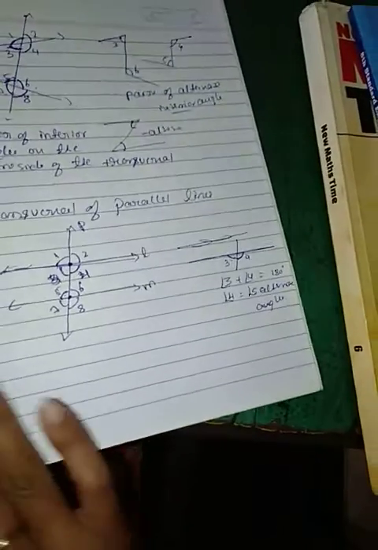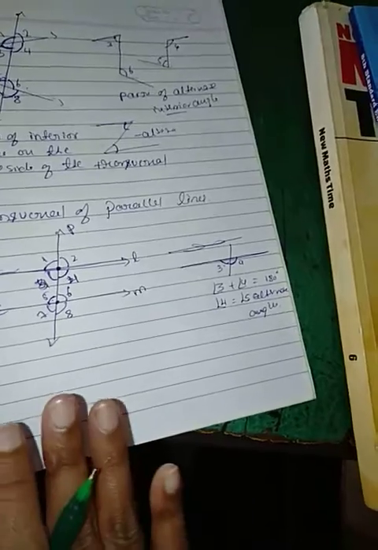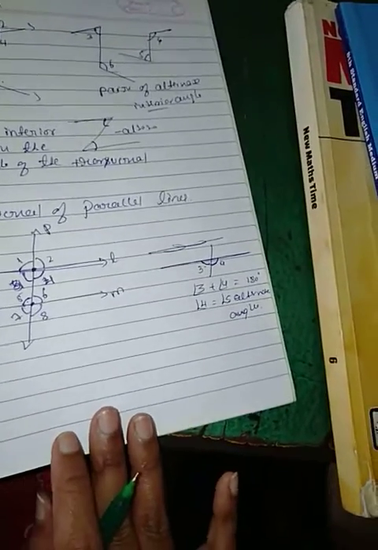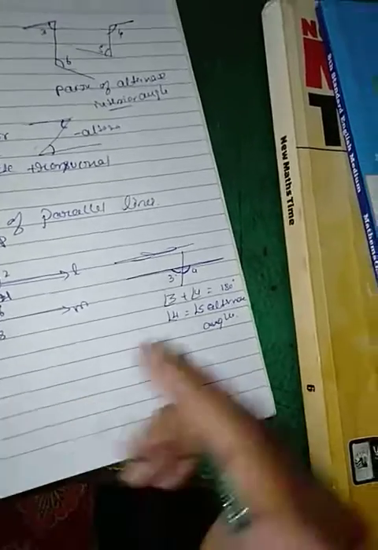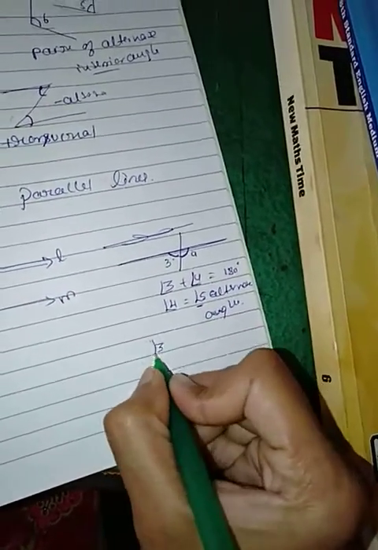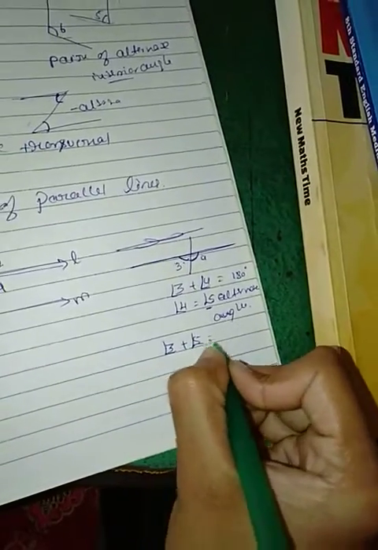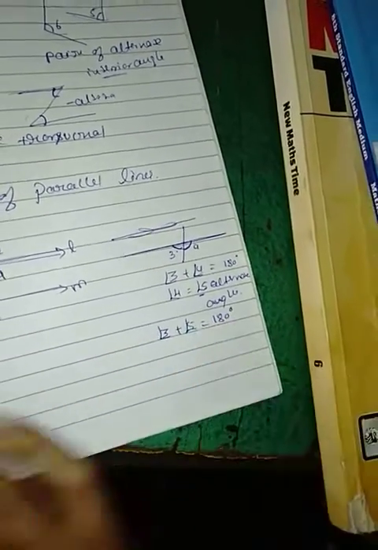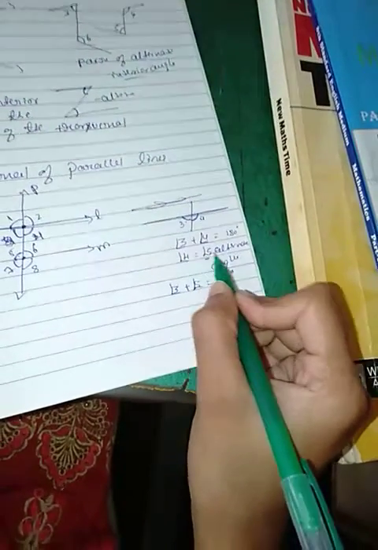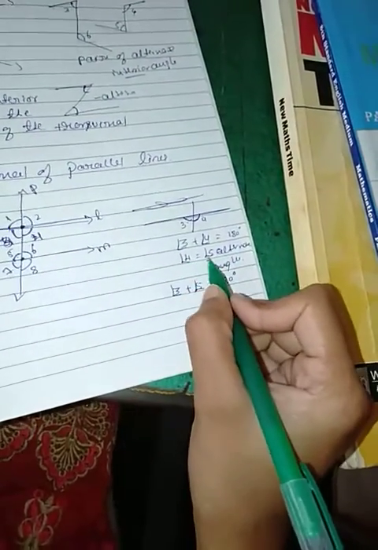Okay, so there is an important property here that you should remember. In the place of 4, we can write 5. That is, 3 plus 5 is equal to 180 degrees. Why? Because angle 4 is equal to angle 5. Both are alternate angles, so they are equal.